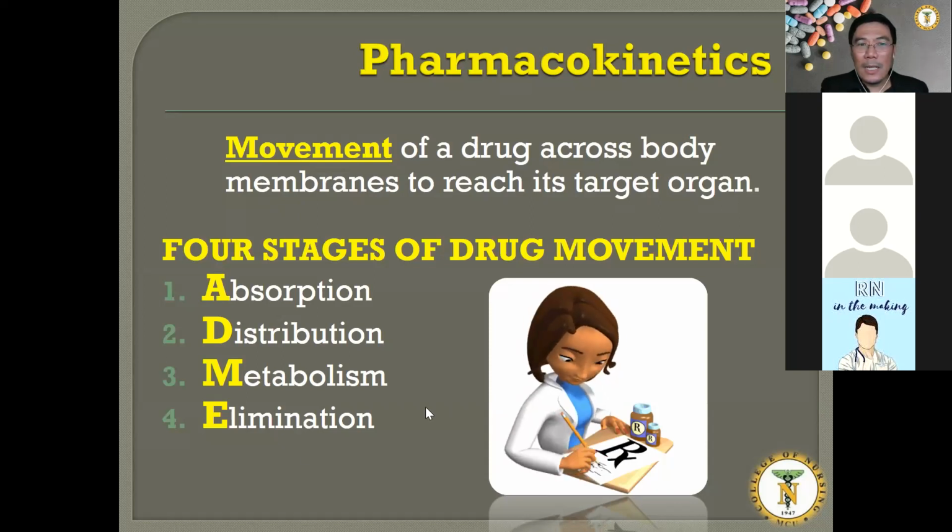So these are the 4 stages of drug movement: absorption, distribution, metabolism, and elimination. Elimination or excretion could be the same. Next slide.